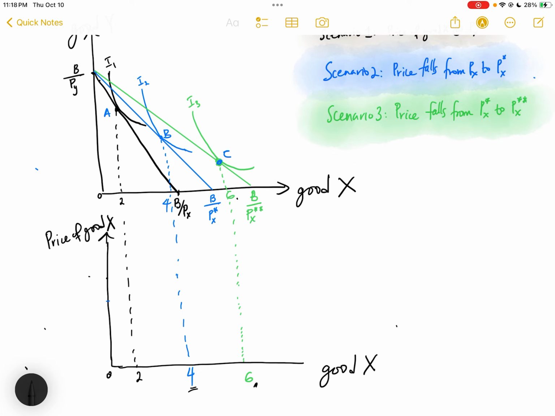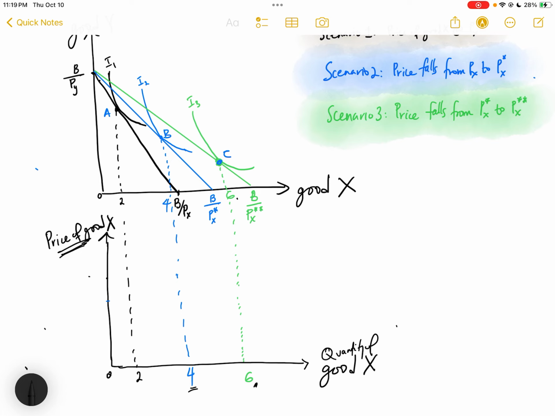Now, my new graph, the graph that is stacked under the top one, has price on the y-axis and the quantity of good X on the x-axis. So that should tell you we are trying to get the individual demand curve for this one consumer, right?